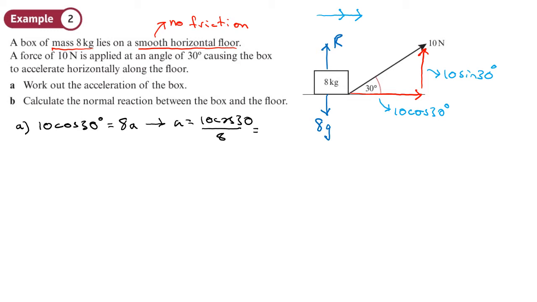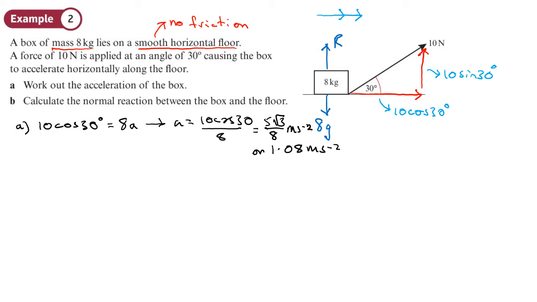So let's work that out. 10 cos 30, divide that by 8, and we end up with 5 root 3 over 8 meters per second squared, or if you want it as a decimal, that is going to be 1.08 meters per second squared.